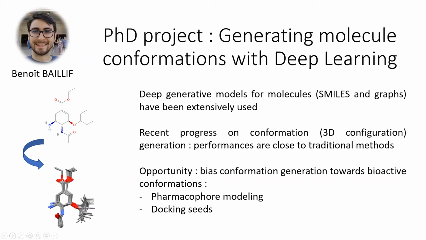And there are various ways that are working quite fine to generate conformations using, for example, rule-based methods, which are relying on existing physics and chemistry rules, like molecular dynamics, quantum mechanics, or even distance geometry.